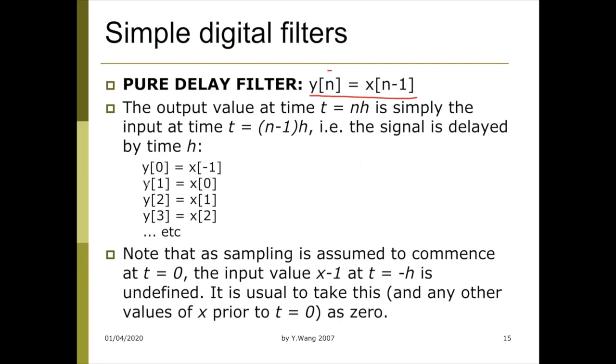To understand that, it basically says y0 equals x minus 1, y1 equals x0, and y2 equals x1, which is just a 1 sample delay. If there is no previous input sample, we just take it as 0. So a digital filter can be understood in a very simple way.